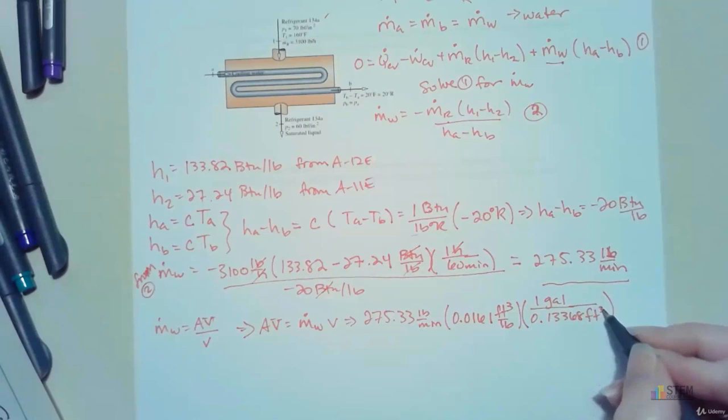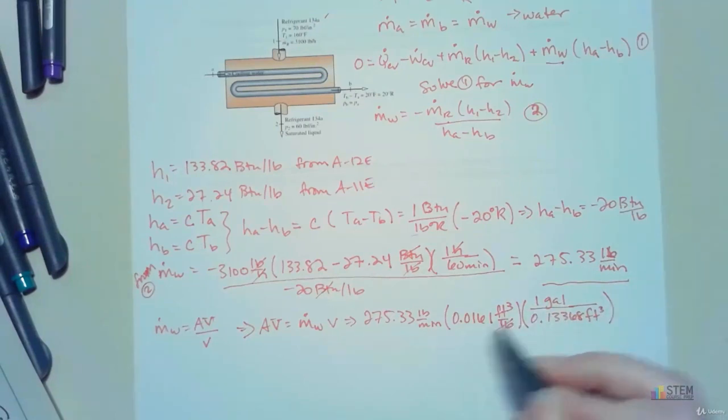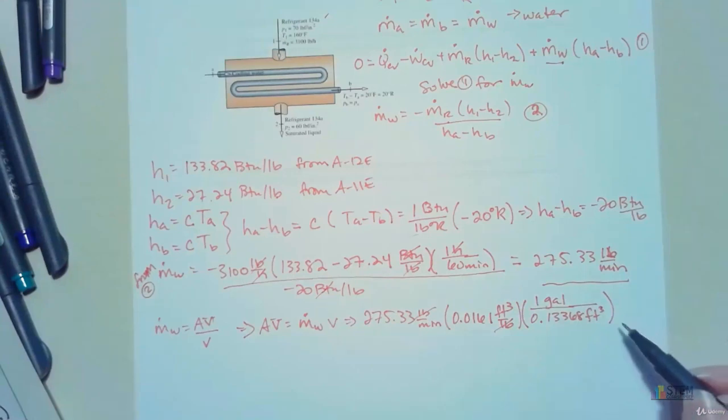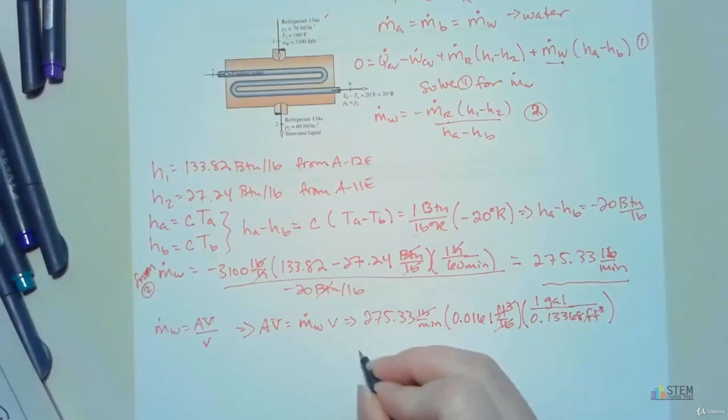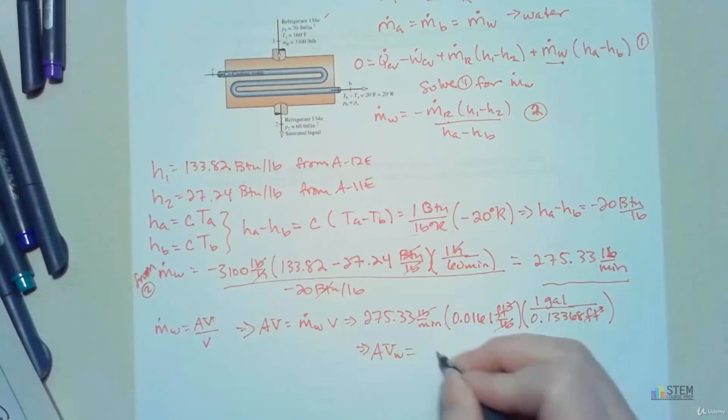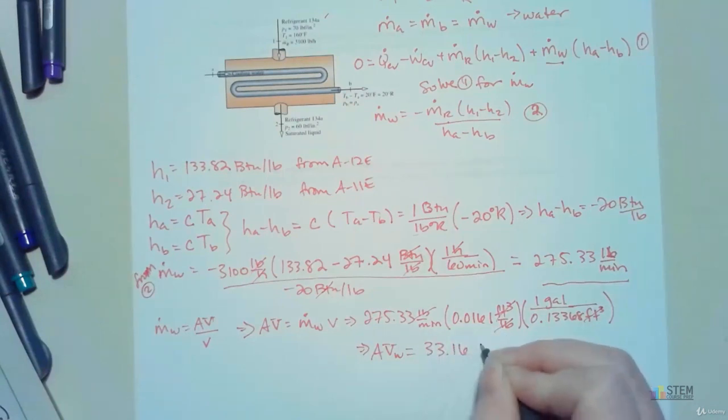Now make sure your units all work out. Pounds is gone now. Cubic feet gone. Leaves us a gallon per minute. Multiply your numbers. And your volumetric flow rate for the water is going to be 33.16 gallons per minute.